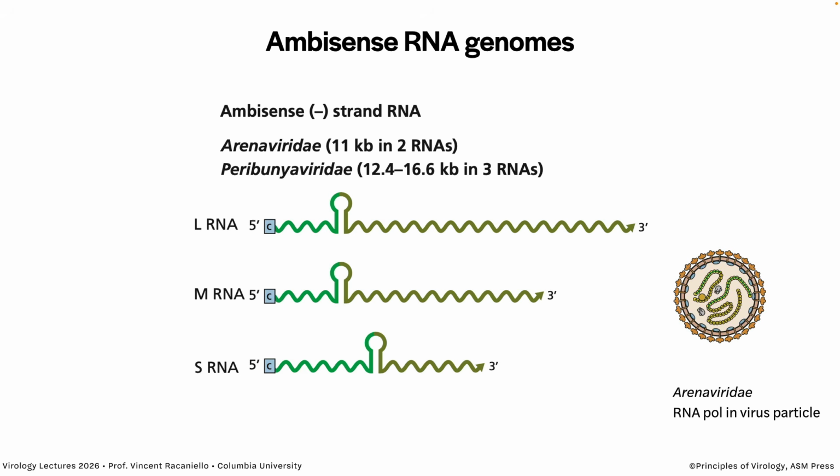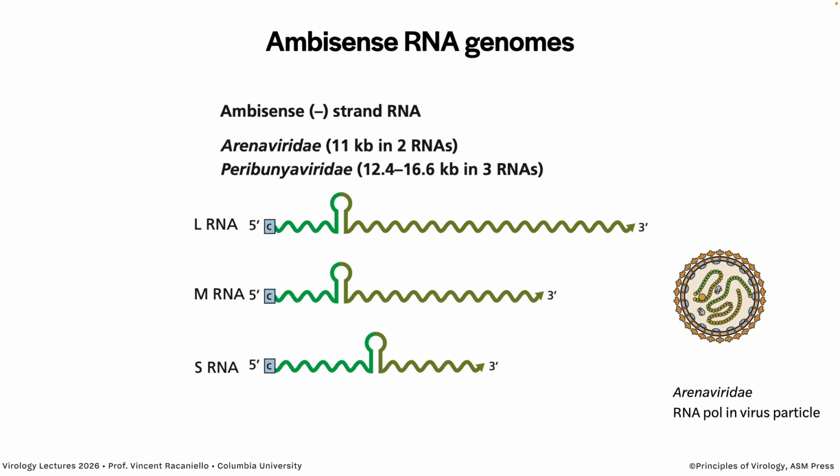And finally, we have our ambisense RNA genomes, which are a mixture of plus and minus polarity. As you can see here, they are 2 different colors of green. And these are arenaviruses and the Peribunyaviridae. They have 3 different sized RNAs in the virus particle. And the particle contains RNA polymerase.